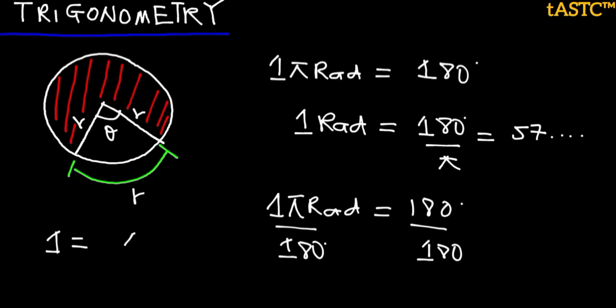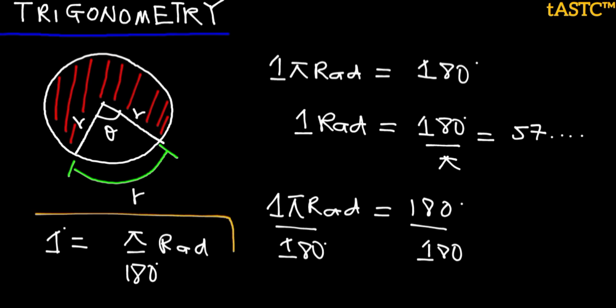And on this side, I'm going to have pi divided by 180, so 1 degree is equal to pi divided by 180 multiplied by rad. If you do this, that is going to be the answer for 1 degree. This should be easy. Just take out your calculator and try to find it. So from here, we can find out how to change angles to radians, and also to change radian angles to their degree form.